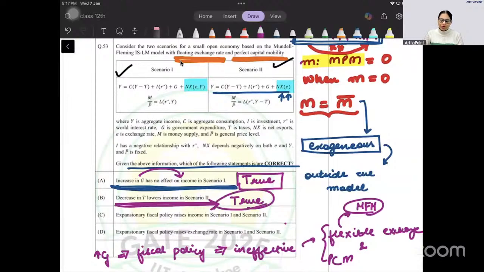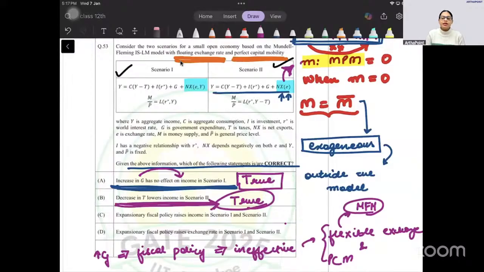First of all, we have to understand, let's look very carefully. I have net export only as a function of exchange rate. Income is not coming.